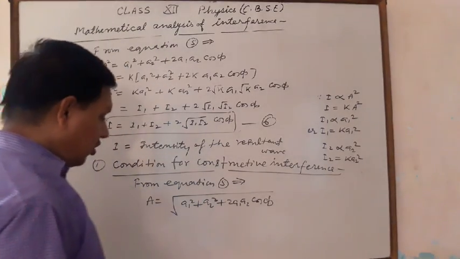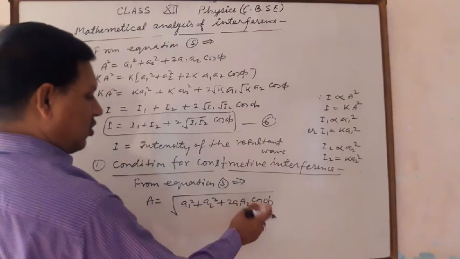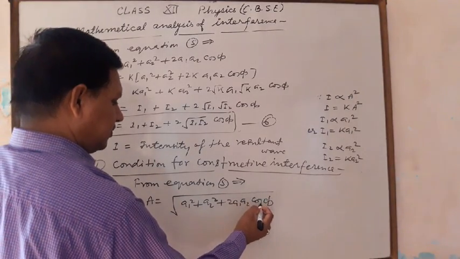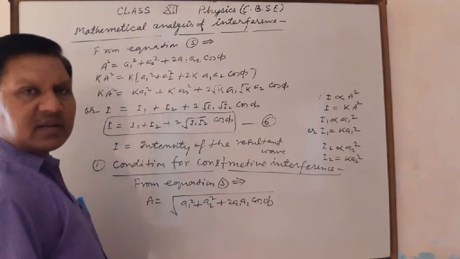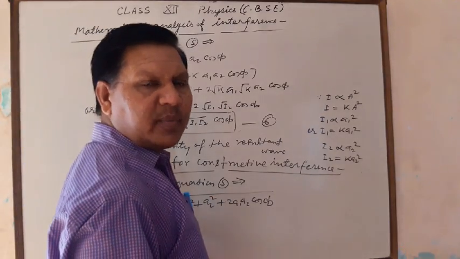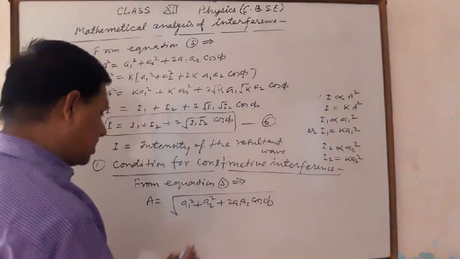If we put cos phi is equal to 1, then we see that the value of the amplitude of the resultant wave becomes maximum.